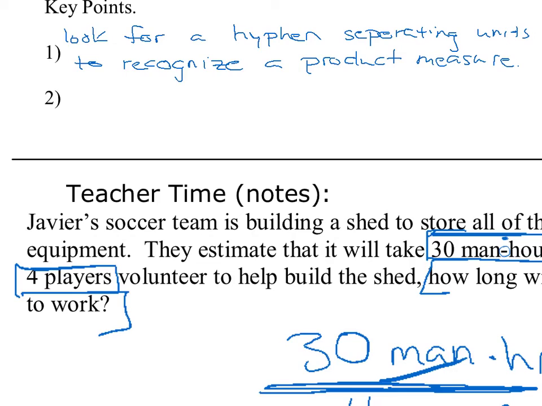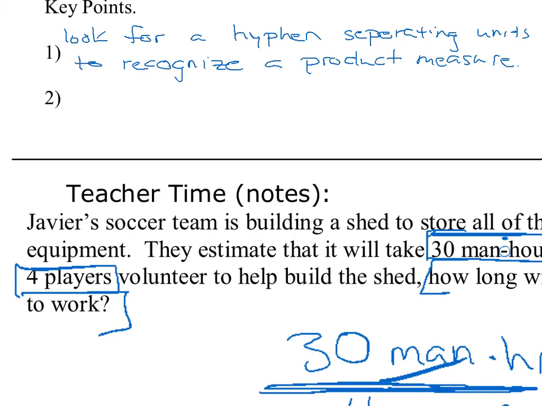Leslie. That works if we are given a product measure, but if we're asked to solve for a product measure, it's going to be different. So more globally, we can maybe come up with a different key point.